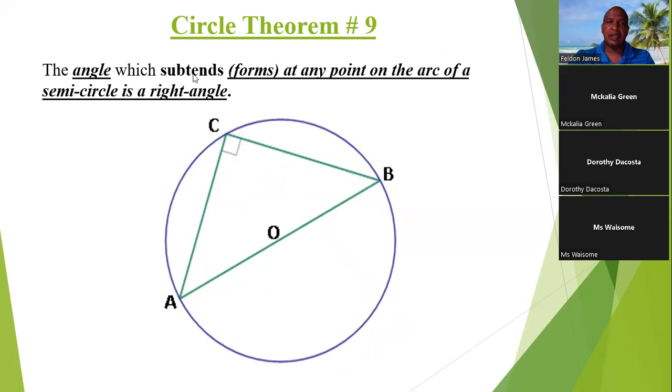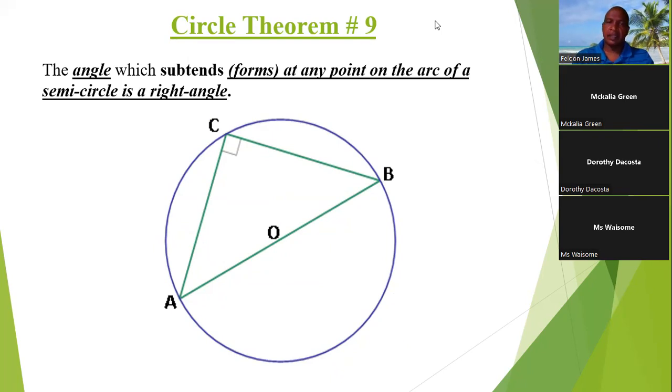The angle subtended, or the angle formed at an arc of a semicircle. And everybody knows what a semicircle is, right? What's a semicircle, guys? Come on, guys. Semicircle, half of a circle, sir.